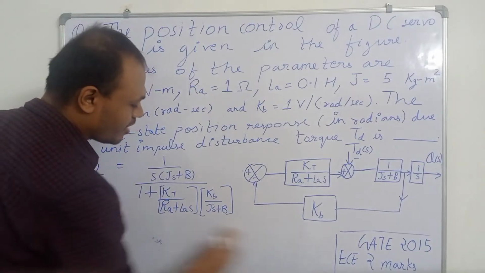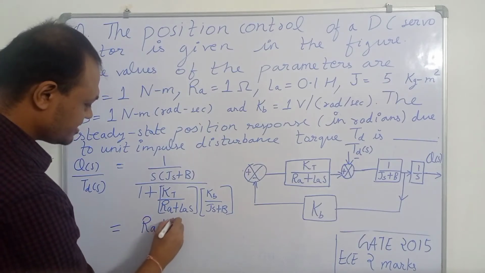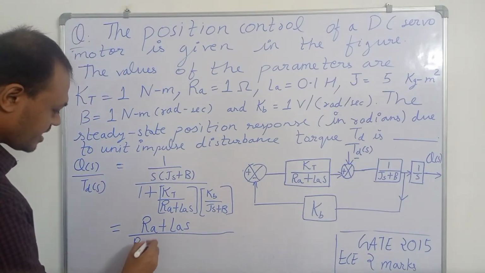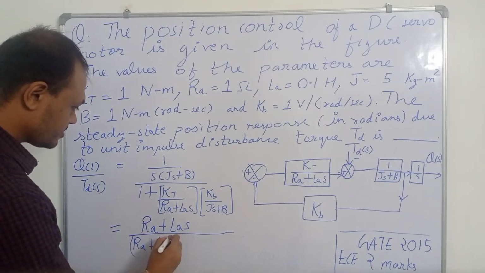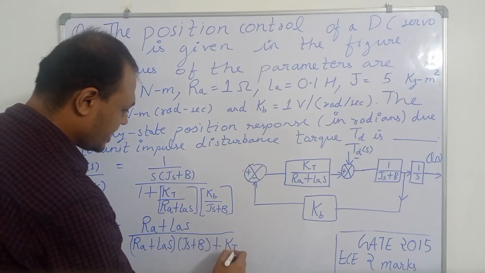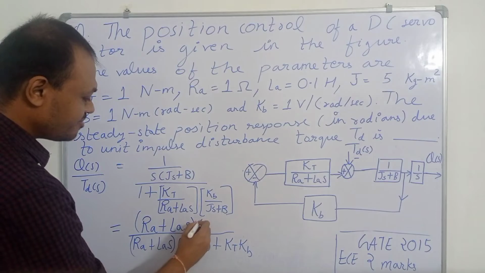If you solve this, you will get Ra plus Las upon (Ra plus Las)(Js plus B) plus Kt Kb, and this is multiplied by 1 by s.